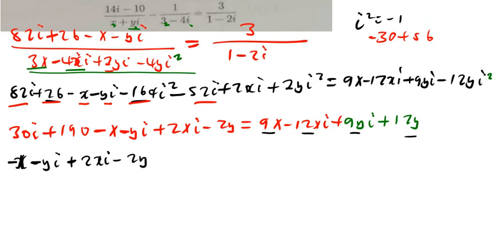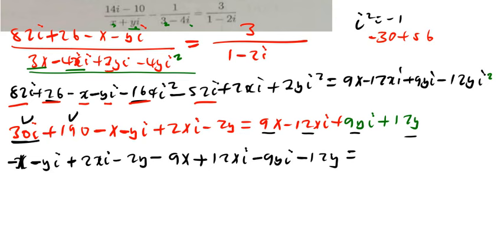So if I start with 9, it's going to be minus 9x plus 12xi minus 9yi, then minus 12y. Yes, like that. Being equal to, so I'm shifting again these things which don't have x. So I have got 1, 2. I only have two things. So I'm going to have negative 30i minus 190.